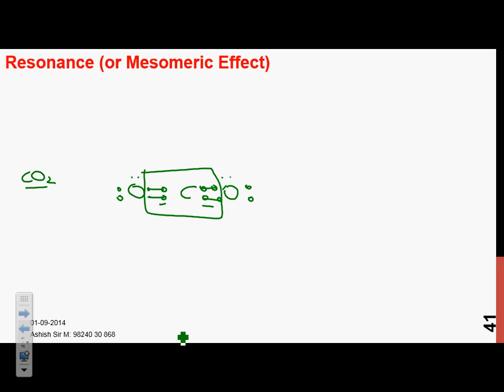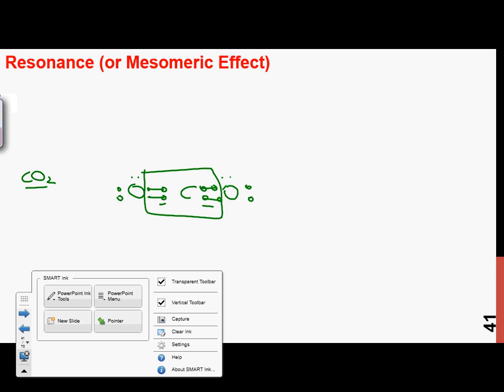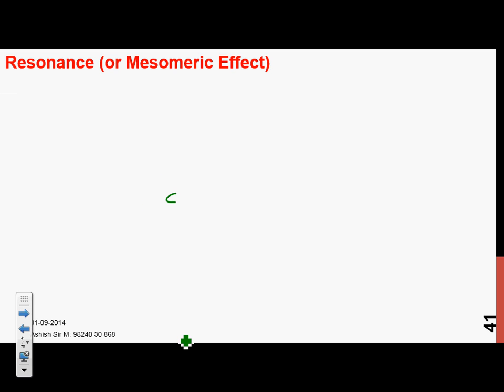Correct or not? Again, let me draw it. It's like this. Carbon has made a double bond over here with oxygen, and here a double bond. Oxygen had 6 electrons. It shared 2, and 4 are still left.